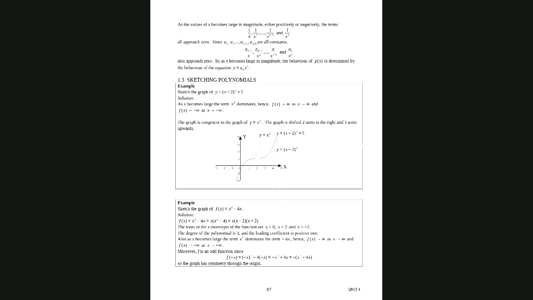So we know that these terms, 1 over x, 1 over x squared, 1 over x^(n-1), if x becomes very large, they will all go to 0. Can we all see that?